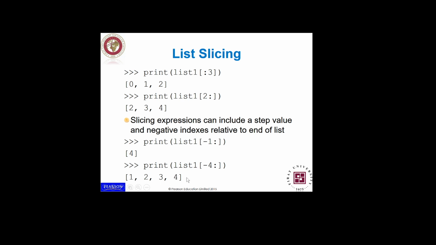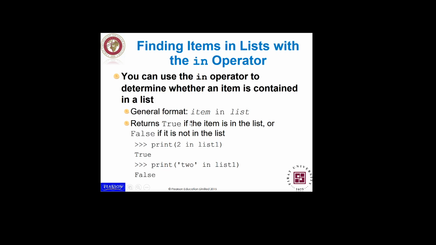That's my list. Okay. Let's say I would like to find an element in the list. If we want to find an element, we can use a convenient operator to do so. I can use the in operator with an item, no matter what it is, it could be anything, in the list. If it is available in the list, it will return to us the Boolean value true.